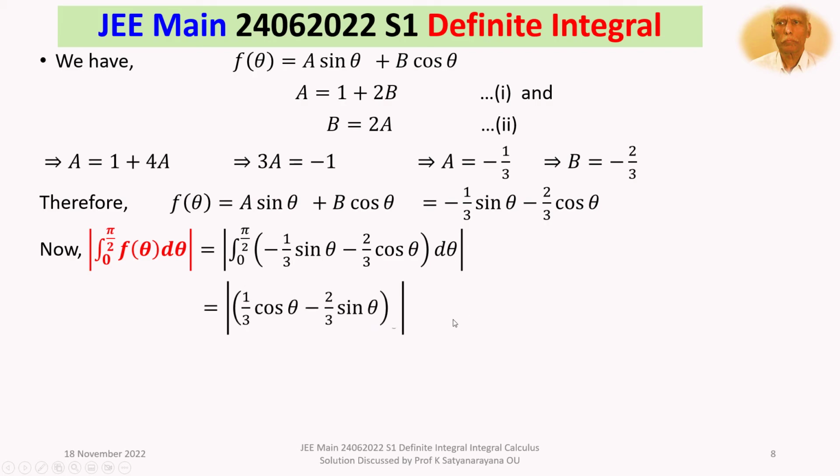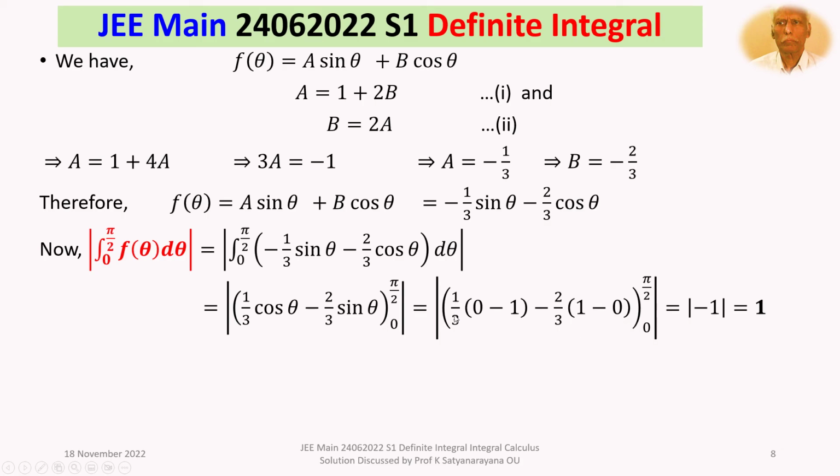And that is the modulus of 1 by 3 into the integral of sine, which is minus cos, there is already a minus, therefore cos theta, minus 2 by 3 times the integral of cos theta, which is sin theta, and this is to be evaluated between 0 and pi by 2. The modulus of 1 by 3 into, for the upper limit, cos pi by 2 is 0, minus for the lower limit cos 0 is 1, minus 2 by 3 into sine for the upper limit pi by 2 is 1, minus sine for the lower limit 0, sine 0 is 0.